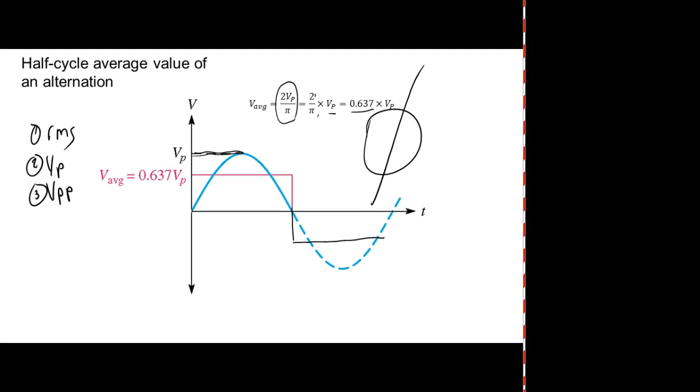Now what we mean by effective: if I have 120 volts AC applied across a 1K ohm resistor, or if I have 120 volts DC applied across a 1000 ohm resistor, you get exactly the same effect. You get the same power.